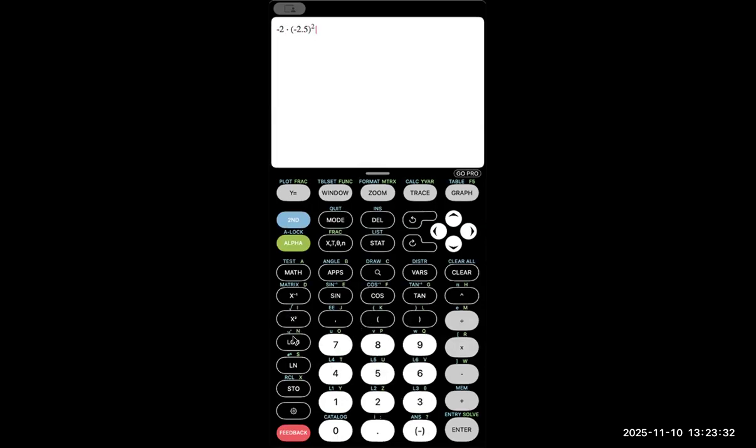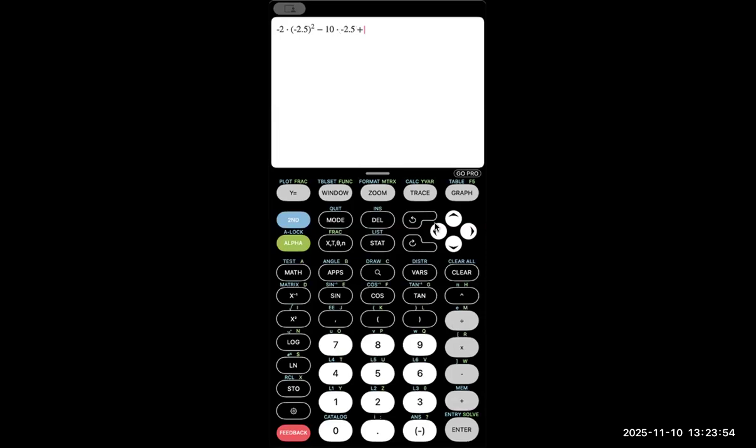The squared button is right above the log button, or right here. Okay, then minus 10 times -2.5. I could have put that in parentheses too. Probably would have looked a little bit better.